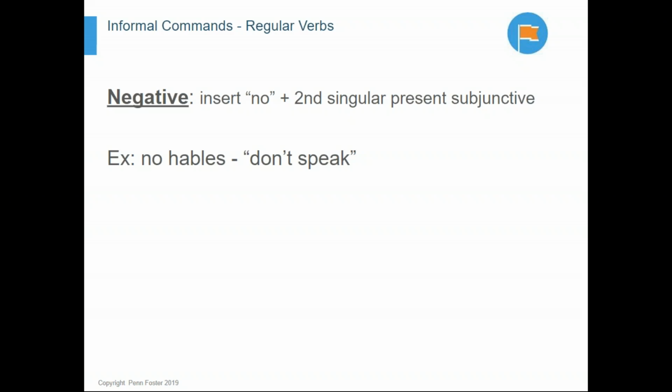So if you notice, no hables, obviously inserting the no to make any verb negative in Spanish. And since hablar is an AR verb, since we're dealing with present subjunctive now, es is your second singular ending. Opposite endings for present subjunctive, no longer using regular endings because this is not present indicative. So this is the first type of command that deals with subjunctive, present subjunctive conjugations.